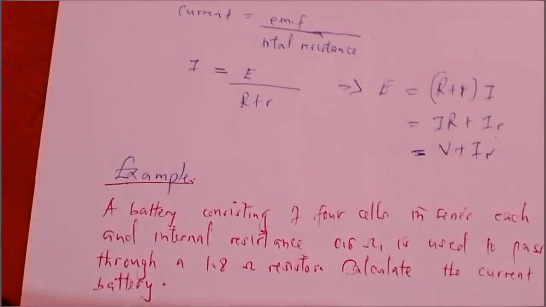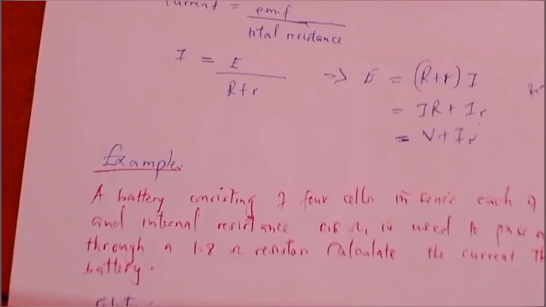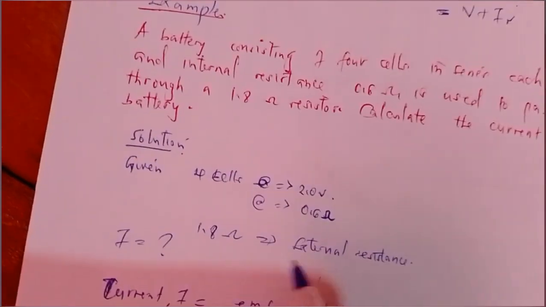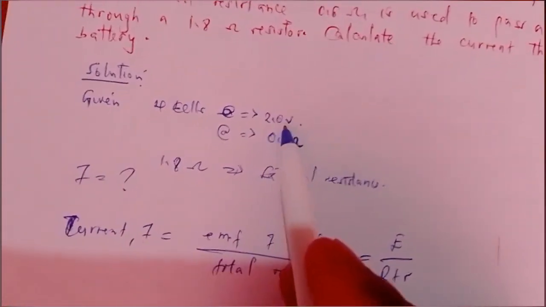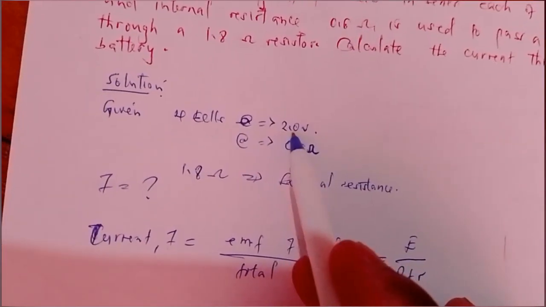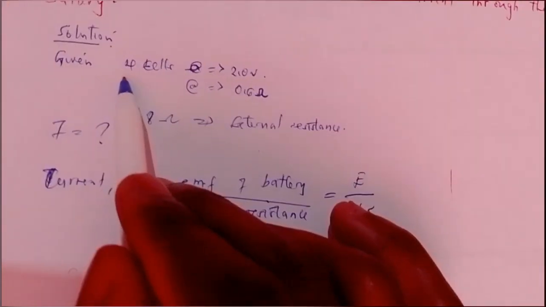So E over R plus r. The EMF of the battery is the sum of the EMF of all the cells. Remember, each cell contains 2.0 volts. So the total EMF is 2.0 times 4. We get 8.0 volts.